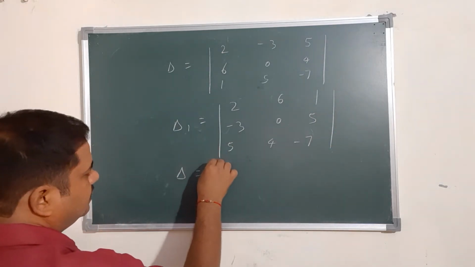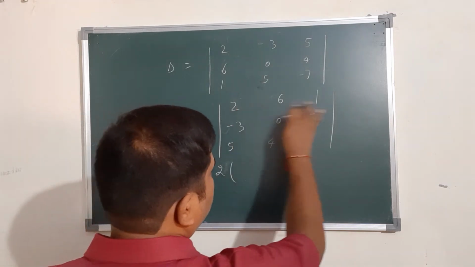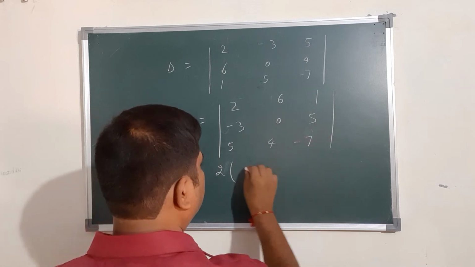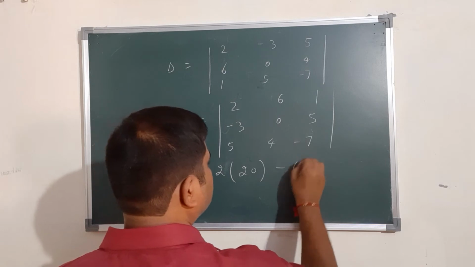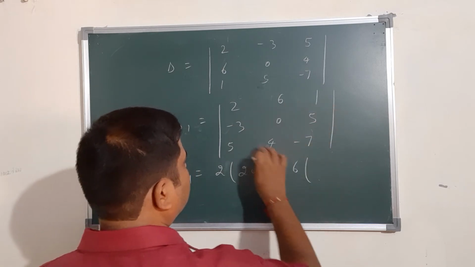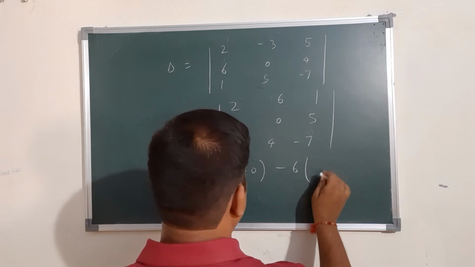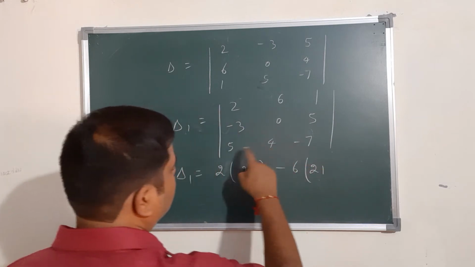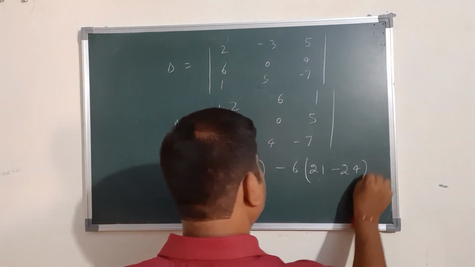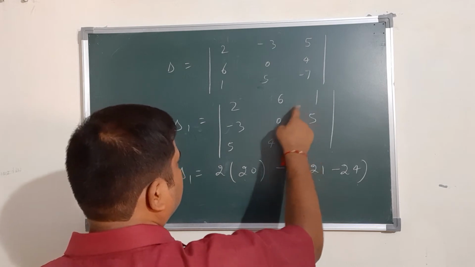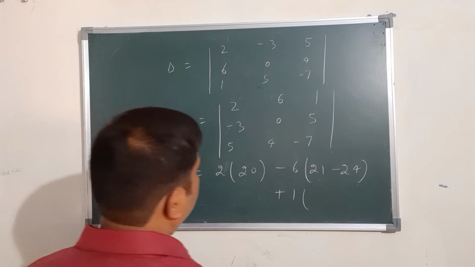We will get delta 1 as 2, leaving this row and this column, 0 minus 20, minus 6, deleting this row and this column, minus 28 plus 25, and 1, deleting this row and this column, we will get minus 12.